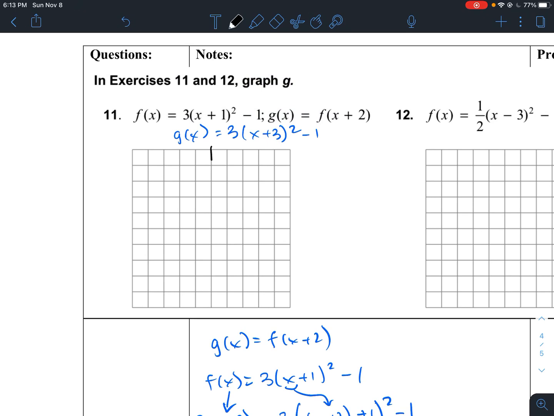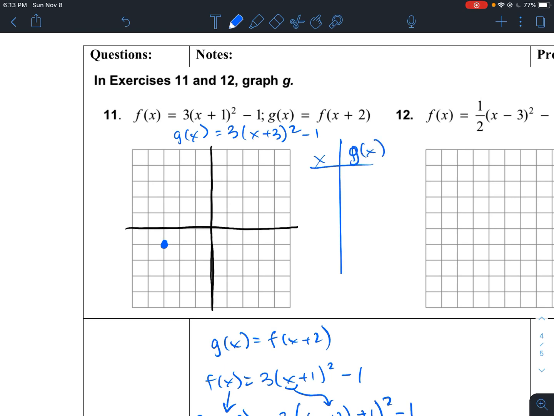So then if I wanted to graph this, here's my y-axis right here. Here's my x-axis right here. So let's graph the vertex. We're going to be down 1 on the y, and then to the left 3 units. So down 1, 1, 2, 3, left 3 units. Okay, and then if you want, you can create a table of x and y, or x and g of x.